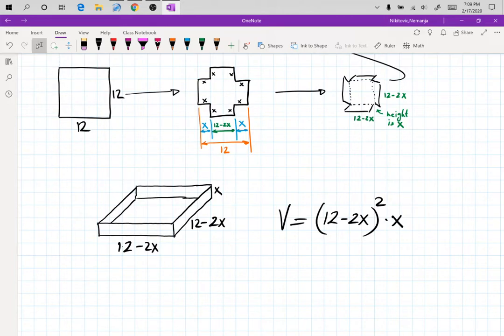Now, to find how much you punch out, you would have to use calculus, you would have to use graphing and so on, because it's now not a parabola. Now it's x cubed, right? Now, they do show you how to find that in the book on the graph.